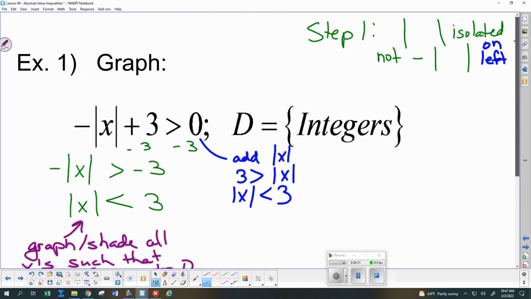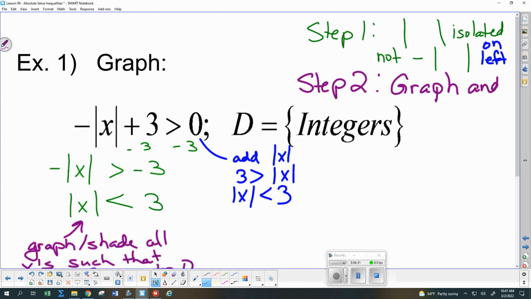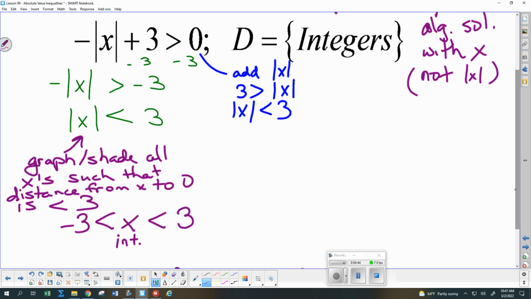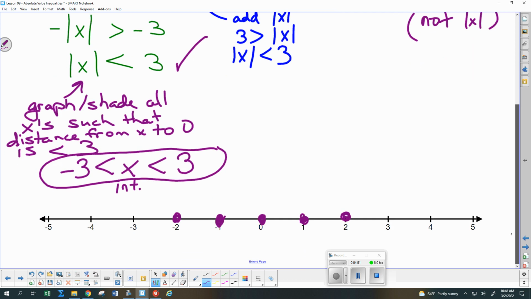Okay, and this is step 2, we need both a graph and we need the algebraic solution using x, not absolute value of x. So my work needed to get me to this, but my final answer needs to have something like this and the graph. So far, so good.